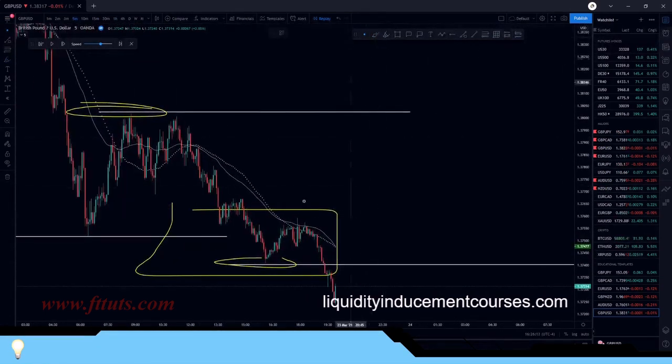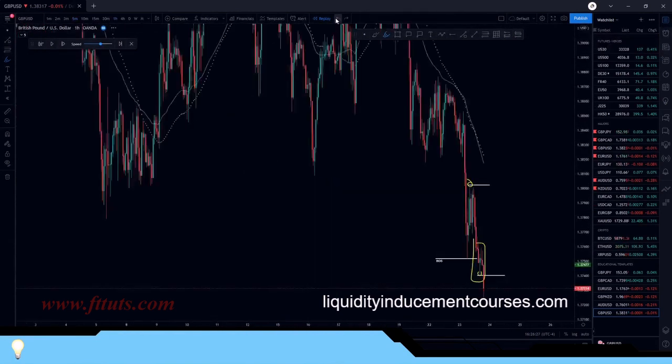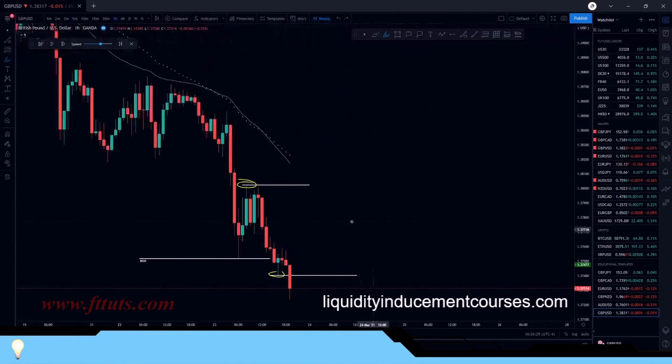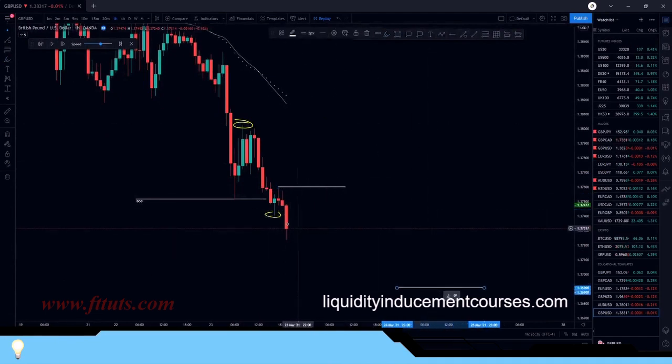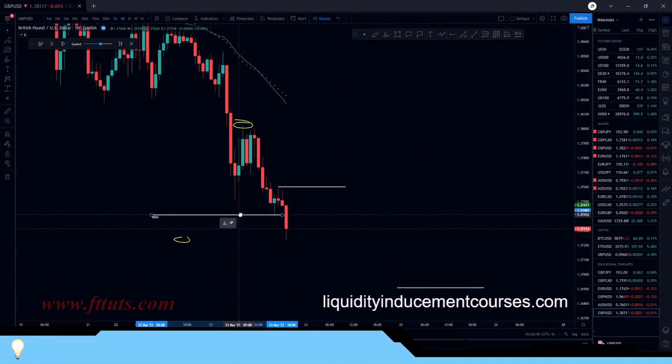So you have your impulsive leg here that breaks structure, then a retracement, and then another impulsive leg that breaks this structure point that we saw on the 1 hour time frame. Okay, so now we have our new high over here. Our low, we're not sure where it's at right now, and then our most recent break of structure right over here.